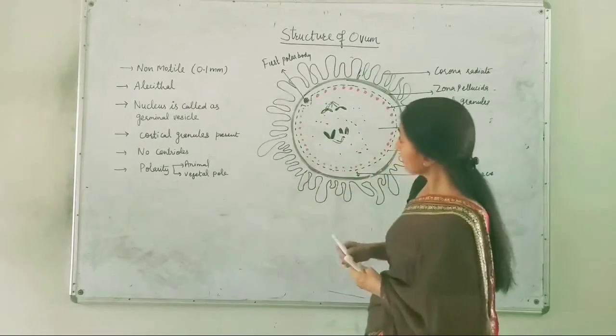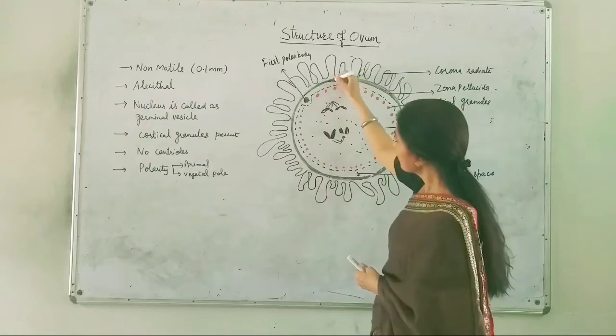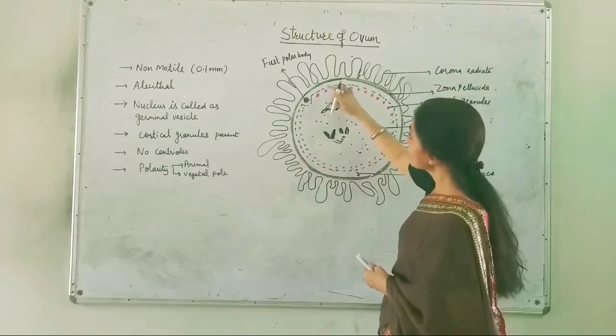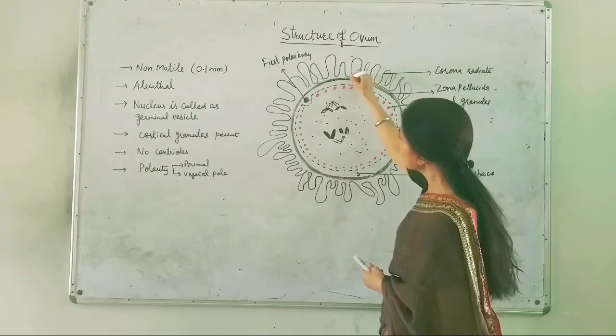Now you can see another layer. This is a very thick layer. After this perivitelline space, you can see a very thick layer.